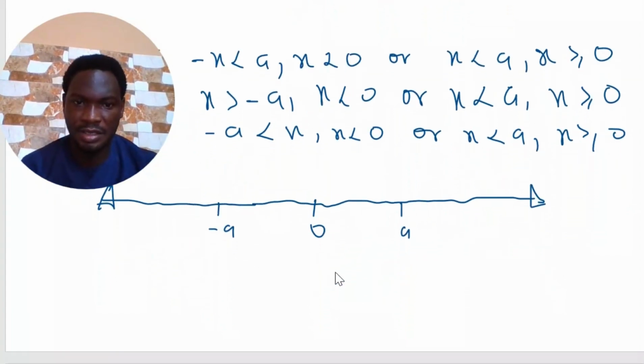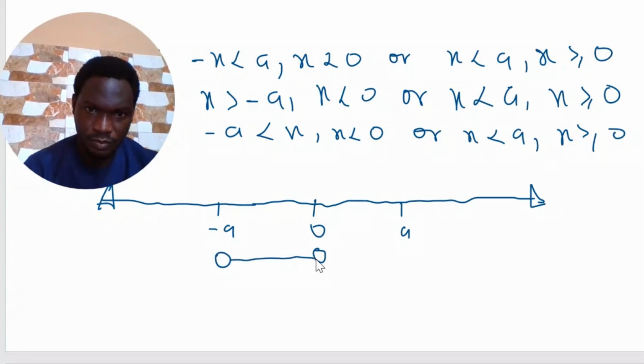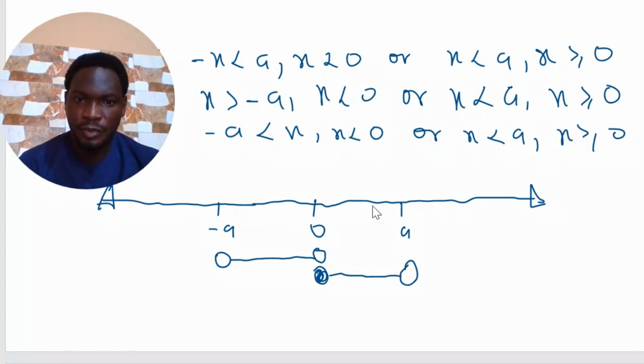So let's indicate down. And here, x greater or equal to 0, but x is less than a. So we have represented this interval and this interval.